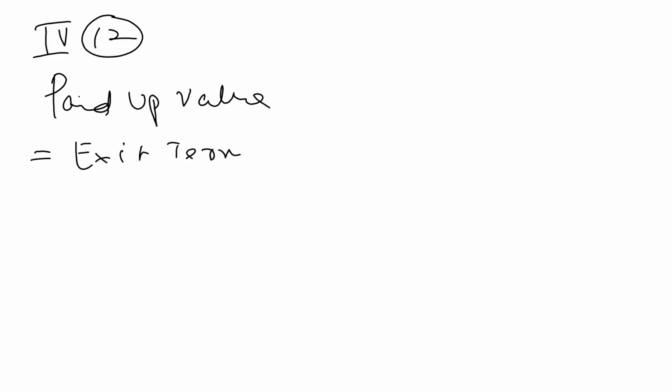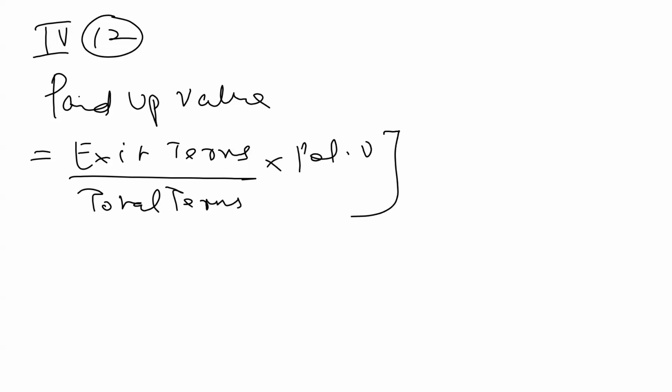Find the paid up value of the policy. So this is the first part of the problem, paid up value. Paid up value is equal to exit terms upon total terms into policy value plus bonus.